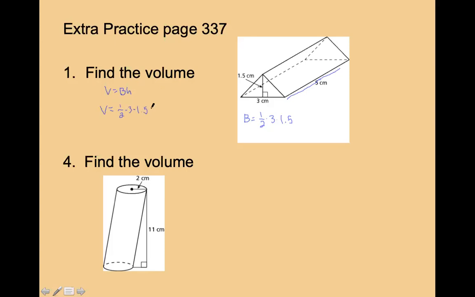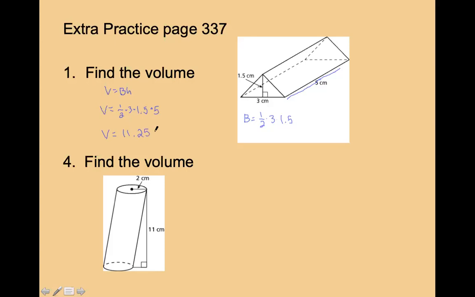But now we take that base area and multiply it times the height, and granted the shape is kind of on its side, but our height is that 5. Now I'm going to multiply these all together to get my volume. And our volume ends up being 11.25.